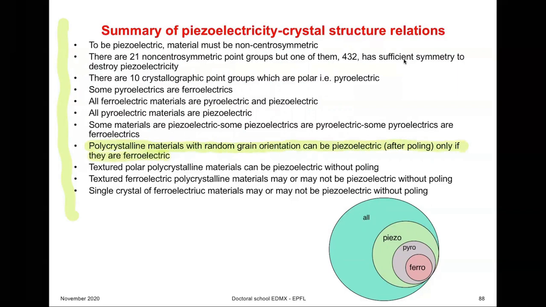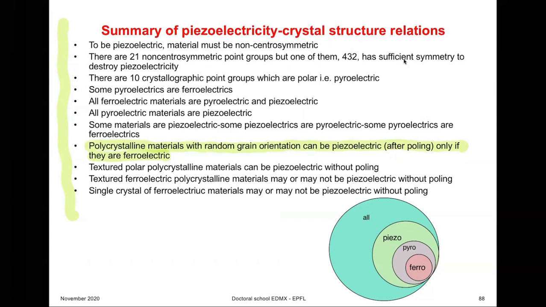Because the grains are randomly oriented, and if you apply an electric field, only in ferroelectric materials can polarization be reoriented. If you have a pyroelectric material which has polarization, but the grains are randomly oriented, you cannot reorient them with an electric field. And if a material is just piezoelectric, like for example quartz, where there is no dipole moment before you apply pressure or electric field, those materials, when you make ceramics, cannot be piezoelectric.